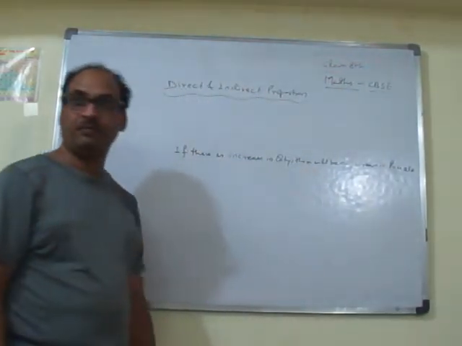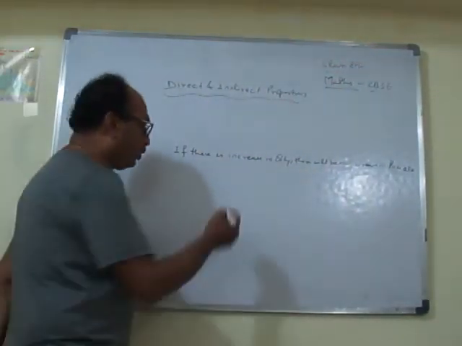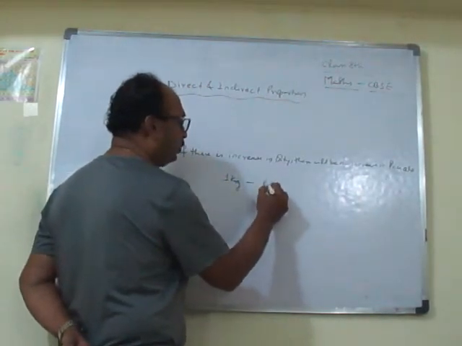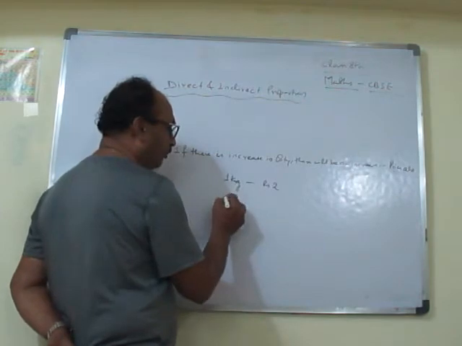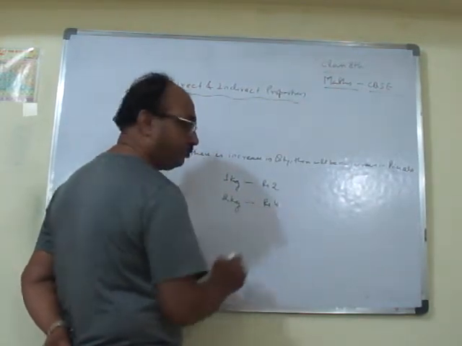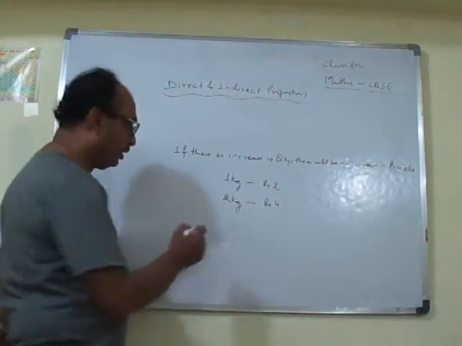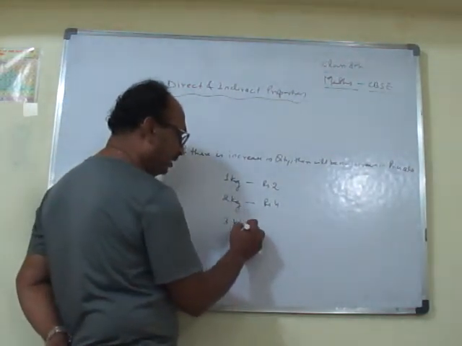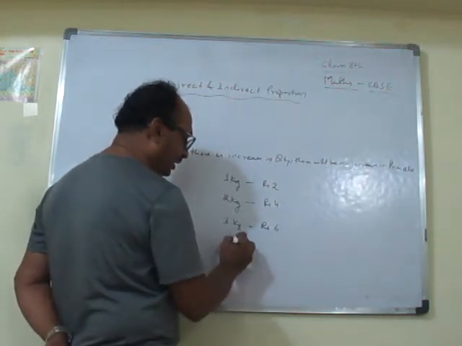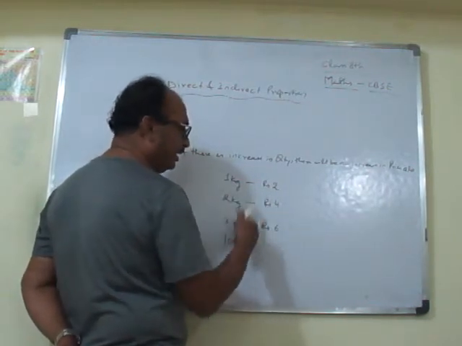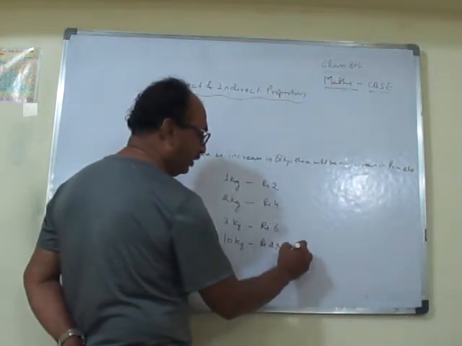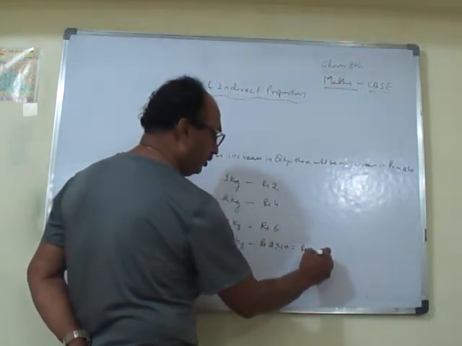So suppose for 1 kg, the price is rupees 2. For 2 kg, the price is rupees 4. For 3 kg, the price is rupees 6. For 10 kg, the price is rupees 2 into 10, which is 20.